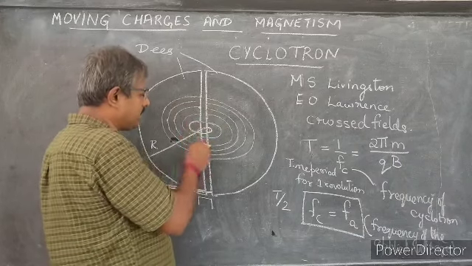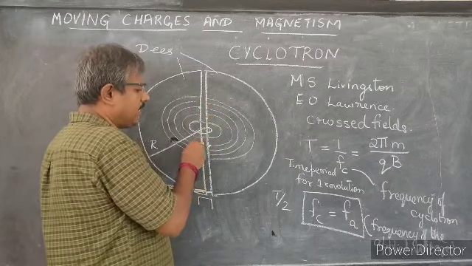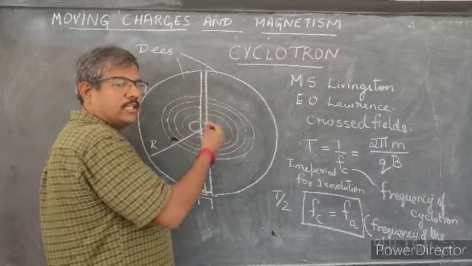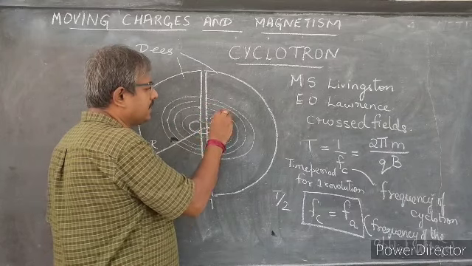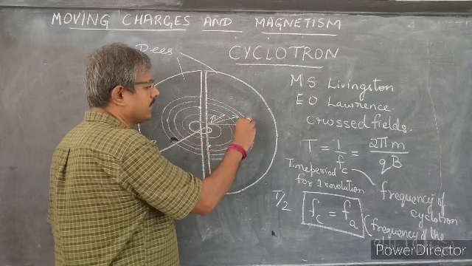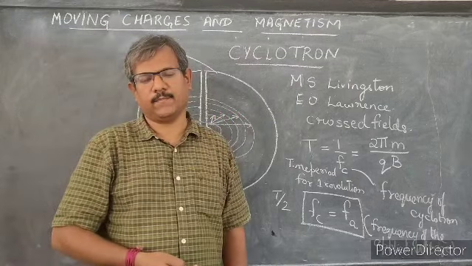So as it keeps making successive jumps, once here, once here, once here, its energy goes on increasing, and since its energy goes on increasing, the radius of its motion goes on increasing.